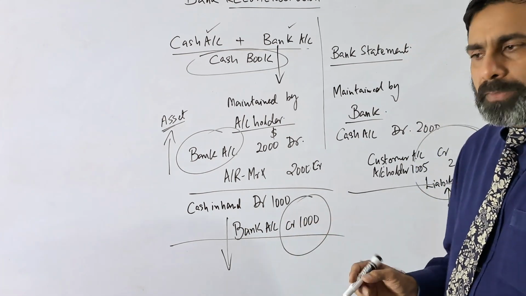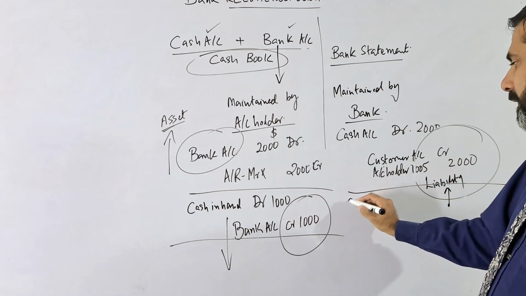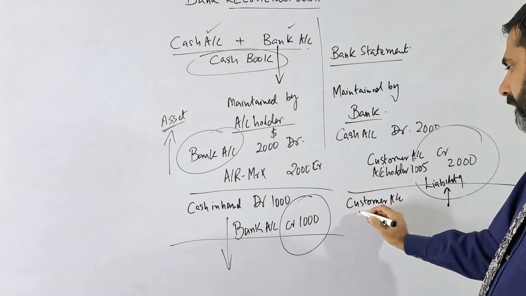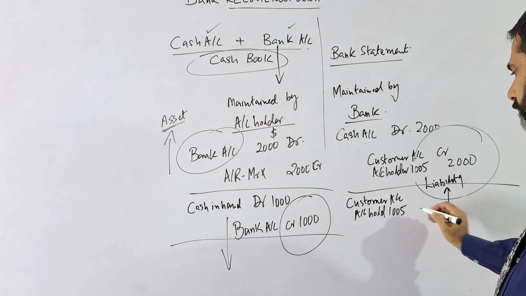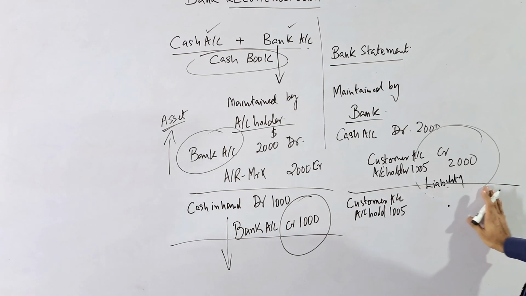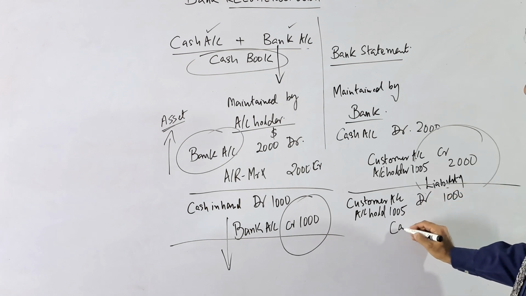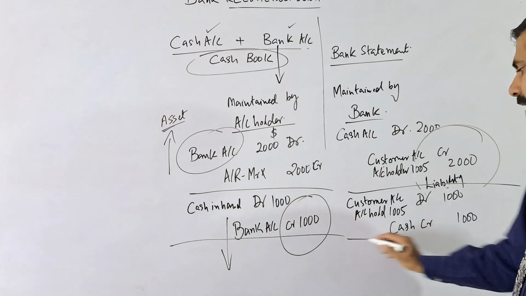But how will the bank treat that transaction? Here the customer account, the account holder 1005, will be debited by 1,000, and the bank's cash is credited with 1,000.